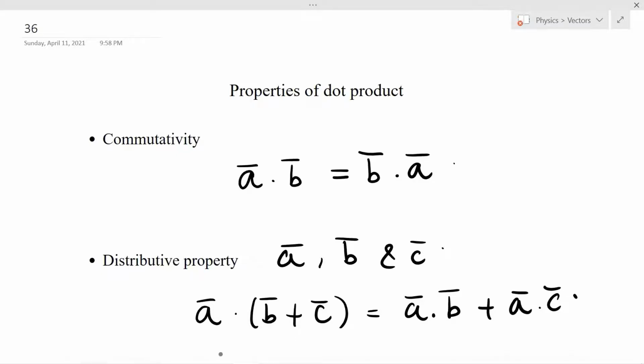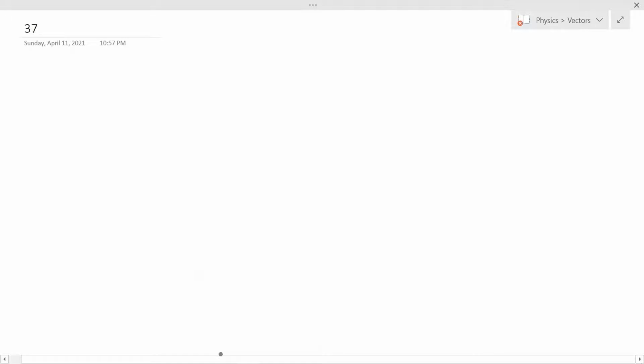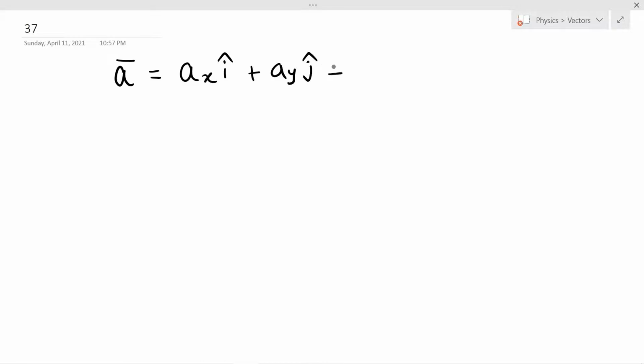So now let's see how I can write the dot product between two generalized vectors. By generalized vector, I mean that I am expressing the vectors in terms of the unit vectors along x direction, y direction and z direction, like this.